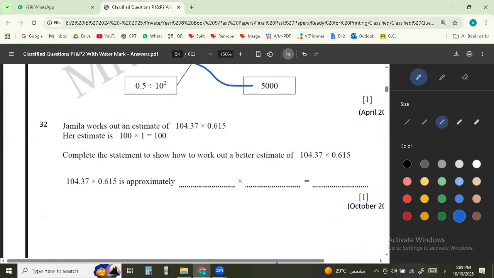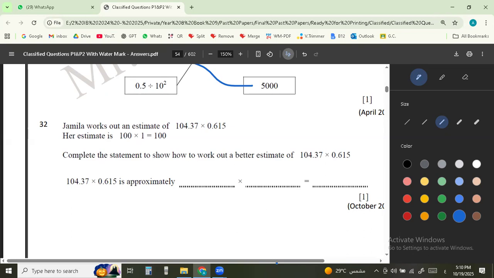Jamila works out an estimate of this. Her estimate is 100 multiplied by 1 equals 100. Complete the statement to show how to work out a better estimate of this calculation. Is her estimate wrong? No, she just rounded to the nearest what? She rounded to the nearest hundreds here, and she rounded to the nearest whole number here.